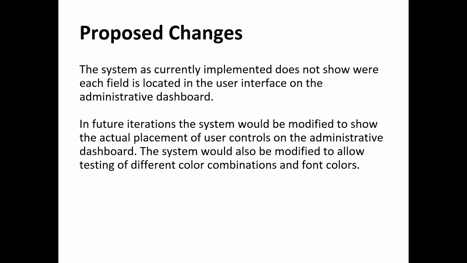That was done intentionally, given that the purpose of the system is to evaluate different user control combinations on the usability of the user interface. In future iterations, we will likely modify this to include the ability to modify colors so that coloration can be used as a factor in the overall usability testing.